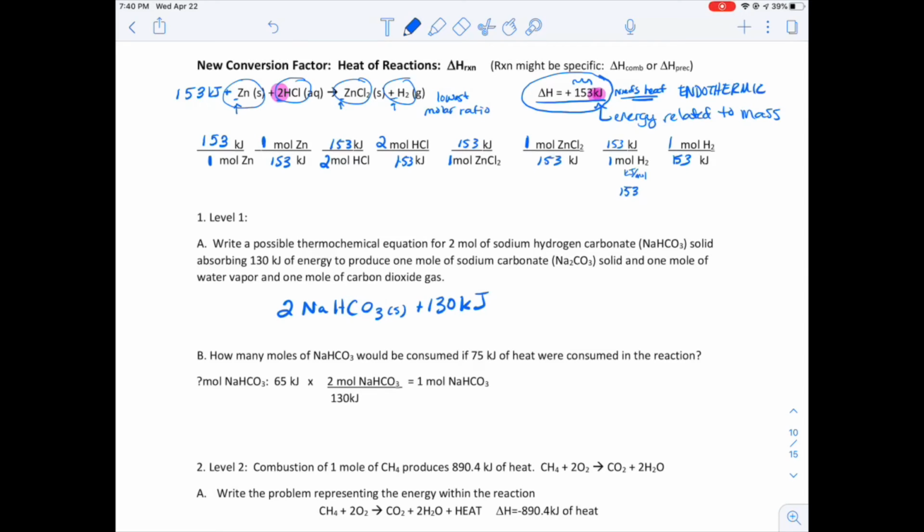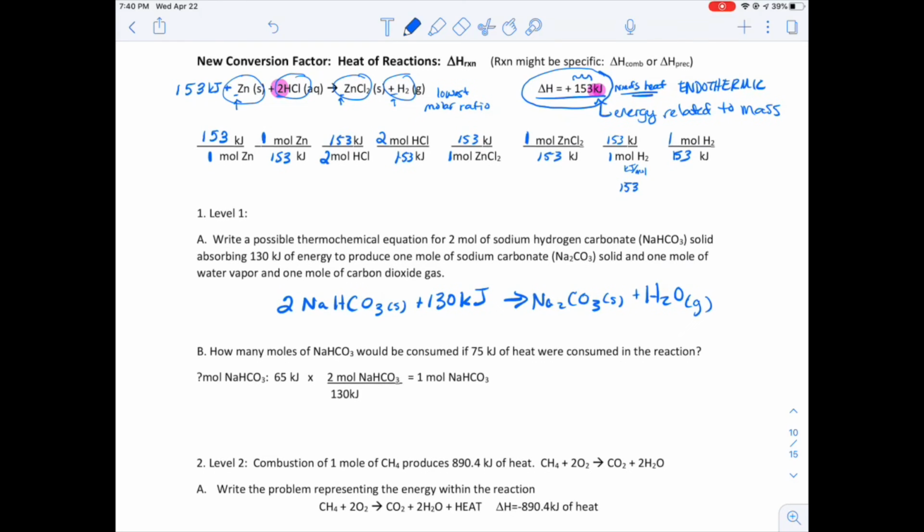So it's okay for me to put it there. And it's producing 1 mole of Na2CO3 solid and 1 mole of water. Water vapor is water as a gas. And 1 mole of CO2 gas. When you count these up, it should be balanced.